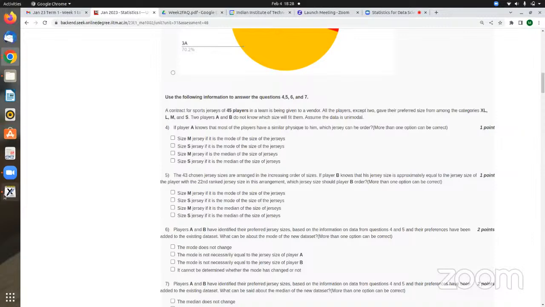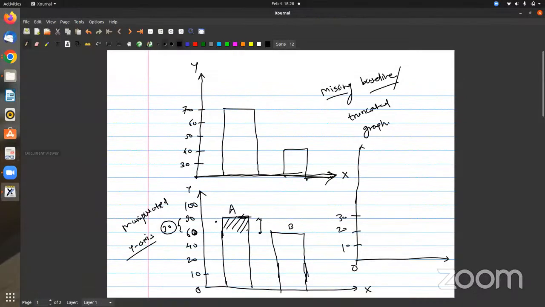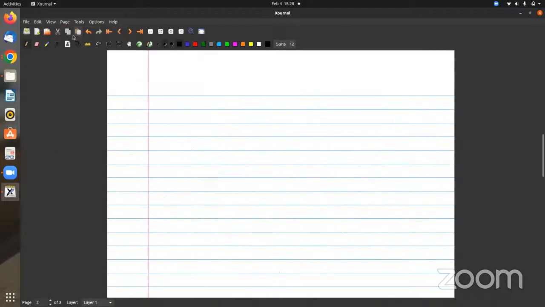Okay, fine. So here, first of all, we will have mode and median both for this kind of data, right? Because we have a specific order here, right? S, M, L, and XL. Okay, we will have 45 players.